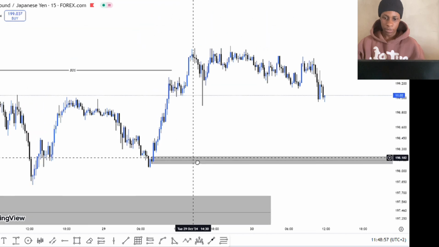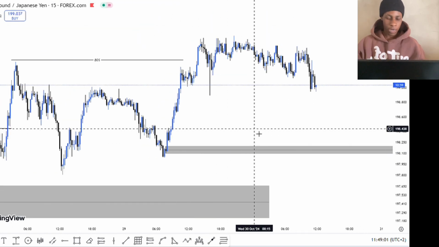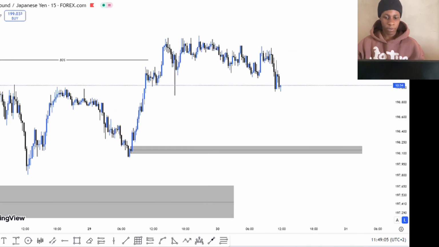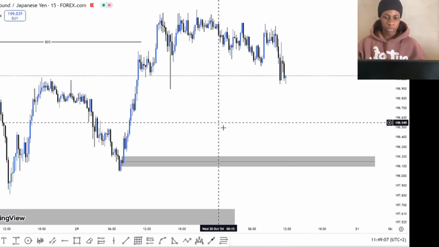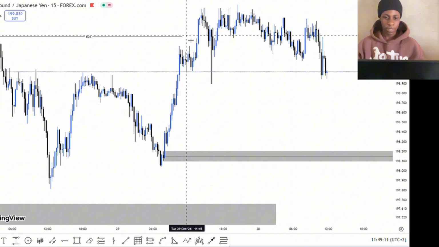Let's move down to our entry time frame, which is 15 minutes. This seems to be aligning, but let's adjust it to the last candle.